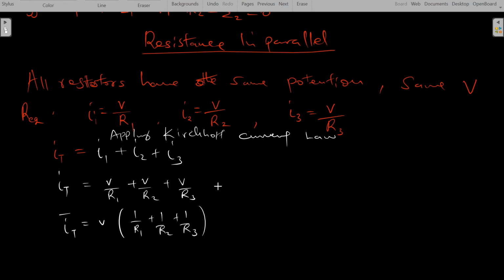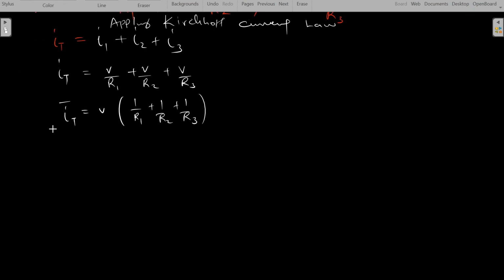So we have seen the total current in the circuit to be this. As you can see, Kirchhoff's junction rule helps us to calculate the total current in the circuit.